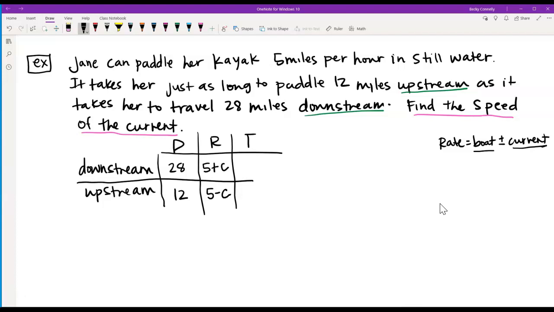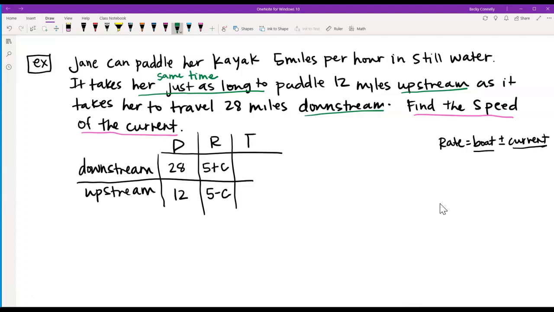And then the time, there's something here, like it says it takes her just as long, whoops, that looks like I'm crossing it out. Takes her just as long, right? So it's saying that the time is the same, and so that's kind of inferred there.